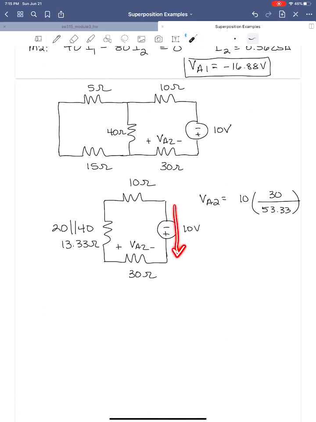So the current's going to flow from minus to plus through the source, which means it's going to flow from minus to plus through the resistor. The passive sign convention is not going to hold, so I need to put a negative sign out in front to adjust the passive sign convention. And so now I'll get that VA2 is equal to minus 5.625 volts.